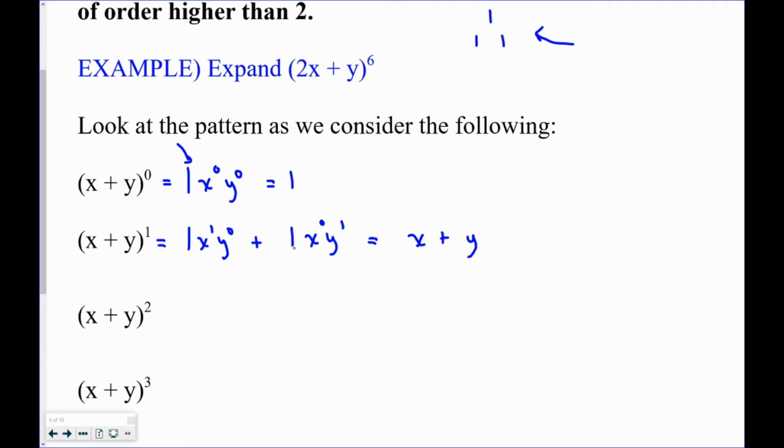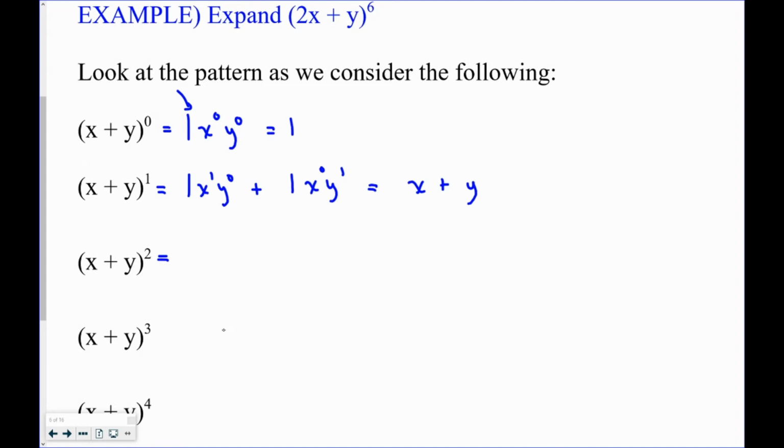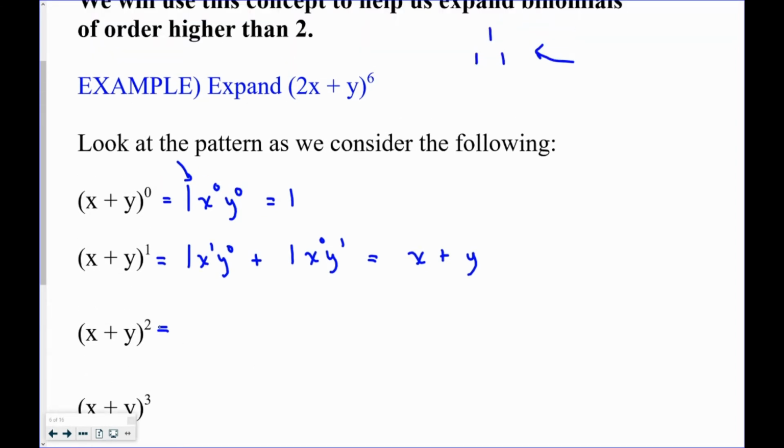So here's the coefficients of row 2 of Pascal's triangle, and something's happening with the powers as well. It becomes a little bit more obvious when we get to this one here. So now my power is 2, and if I go write row 3 of Pascal's triangle, check out these coefficients. When you expand this one out, what do you get?